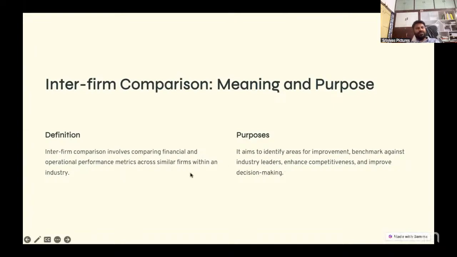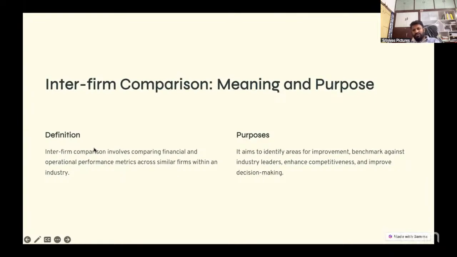What is the purpose, and what is the requirement, of inter-firm comparison? It aims to identify areas for improvement, benchmark against industry leaders, enhance competitiveness, and improve decision making.